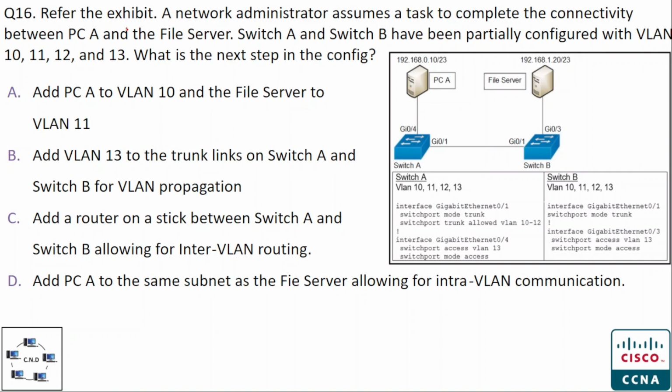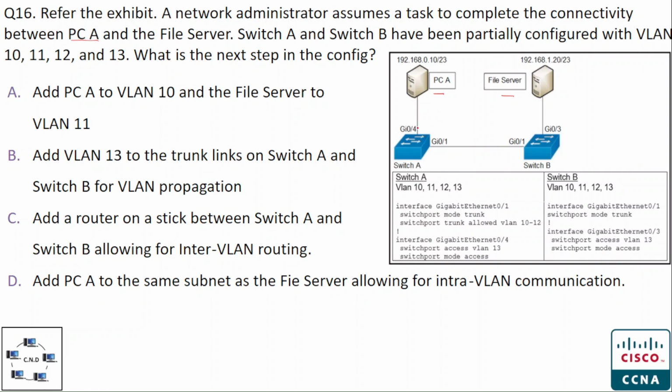Question number 16, refer to the exhibit. Again, this is the exhibit. A network administrator is assigned a task to complete the connectivity between PC A and the file server. Here, this is PC A and this is the file server, and we want to ensure connectivity between them.